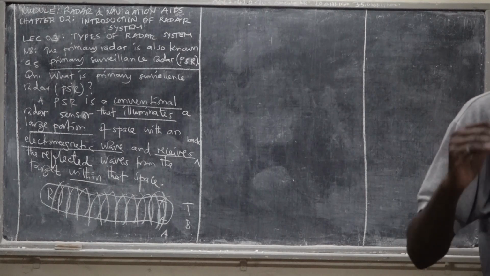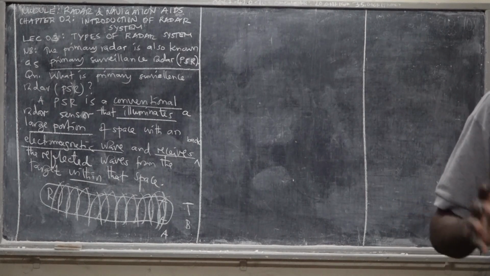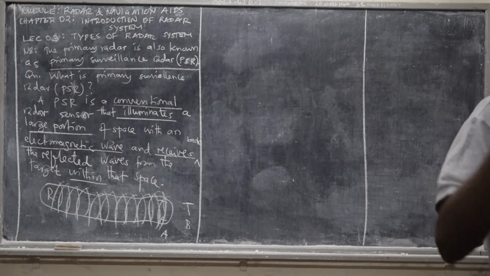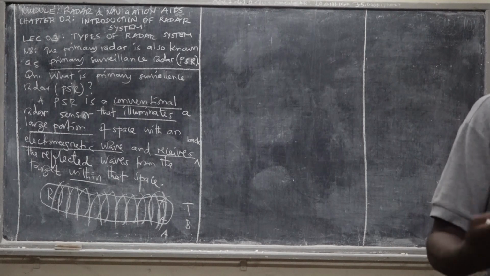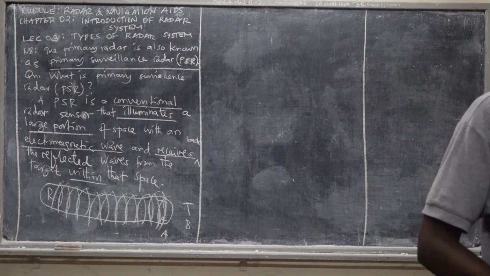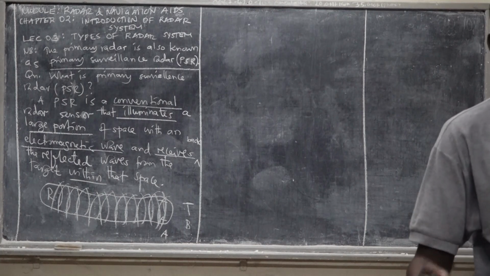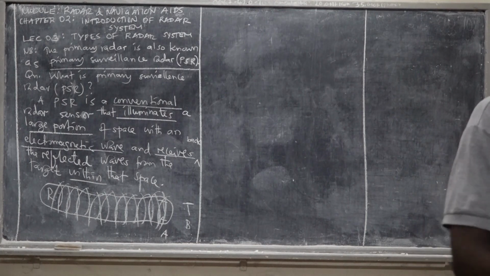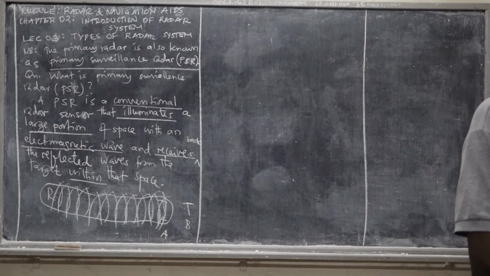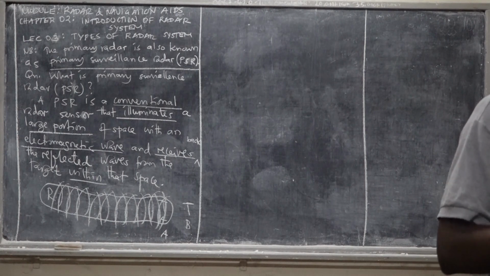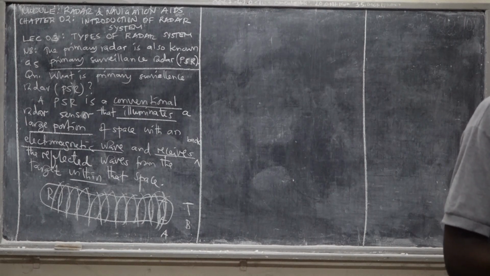You can find that most aircraft just have a flag of the particular country. They have some markings, but I think the highly concentrated color for most of the aircraft that I know, whether military or non-military, is white. So here the question is, what if the target cannot reflect?